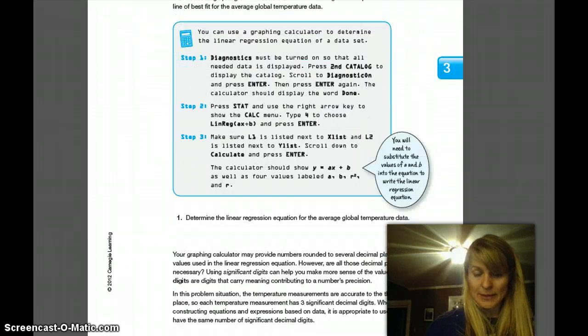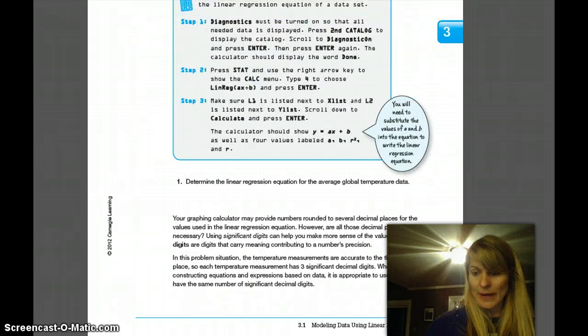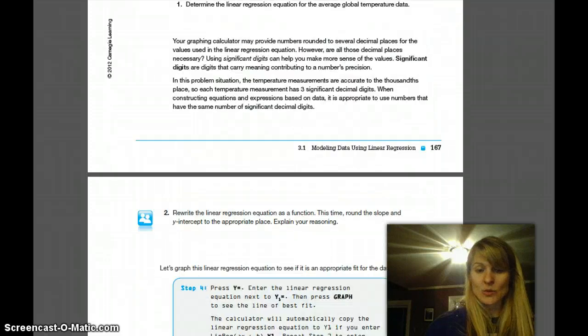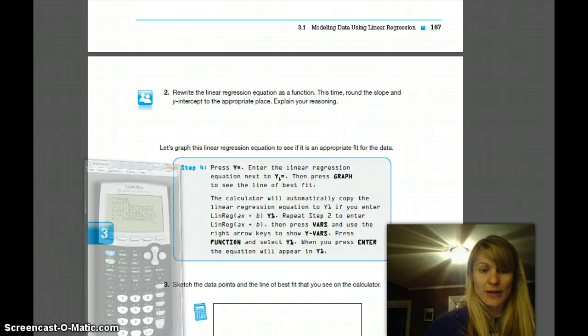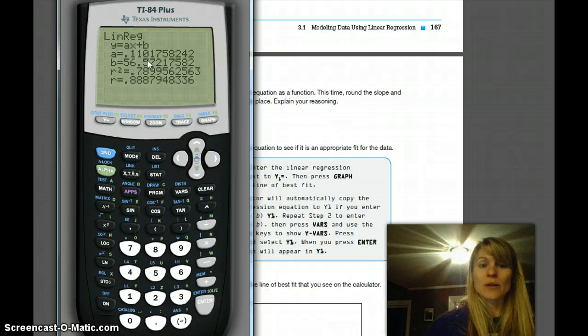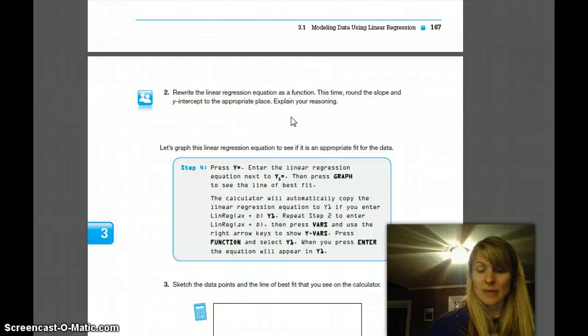Going down here, read through this paragraph, and then it asks you to rewrite this equation where you round the slope and the y-intercept to the significant digits. So if we go back to our calculator, we want to round to the thousandths place for the slope and for the y-intercept, and put that back in here.